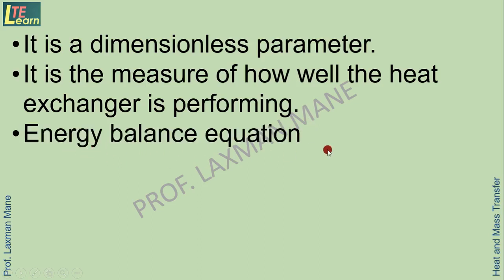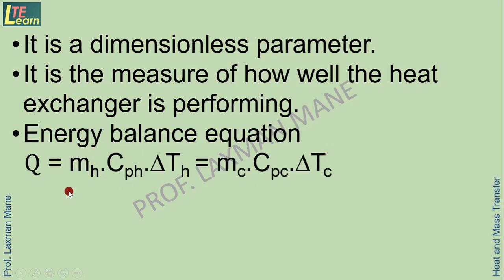The energy balance equation is given as Q, the heat transfer or heat exchange between the two fluids. The formula is written for the hot fluid as mh into Cph into delta Th, and for the cold fluid mc into Cpc into delta Tc.